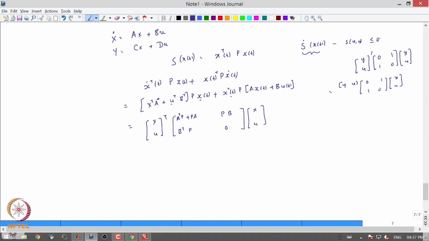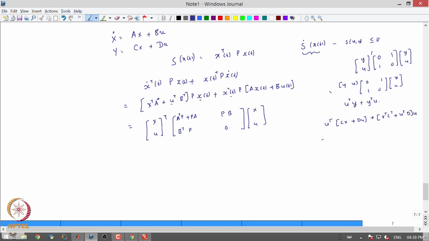So I have u transpose y plus, in general, y transpose u. Now, u transpose y is what? y is Cx plus Du, and y transpose is x transpose C transpose plus u transpose D transpose.